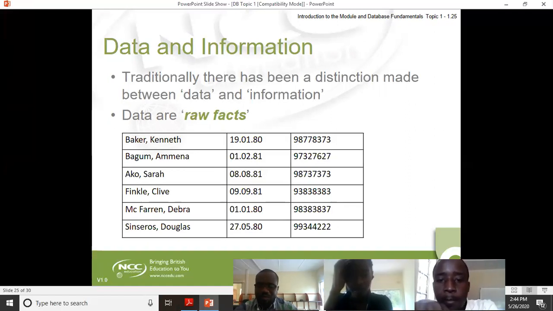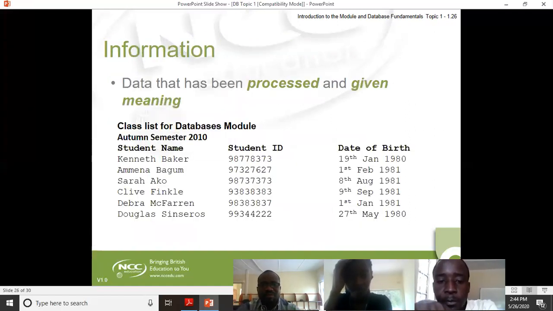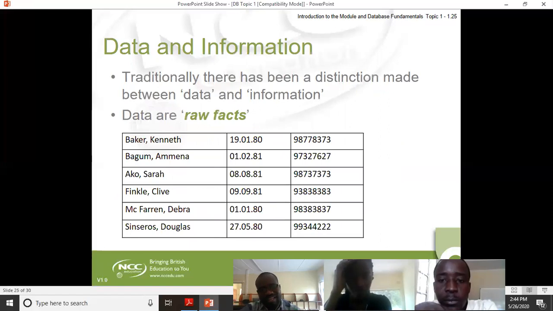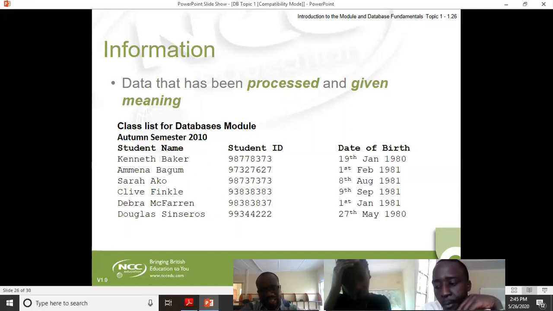When you look at this table, field names are nicely arranged. There's a field name called student name. When you look at the other side, there's just Baker Kenneth. We don't know if it's a name for a student, an employee, or what. But when you look at that table, it is well arranged. The names of the students are within that same field, student IDs are within that same field, date of birth are within that field.